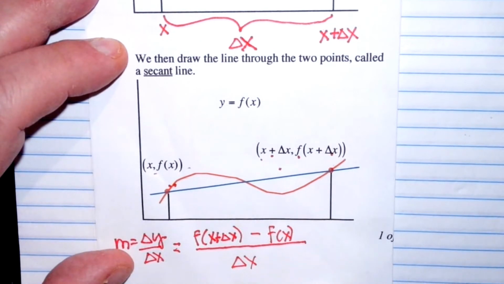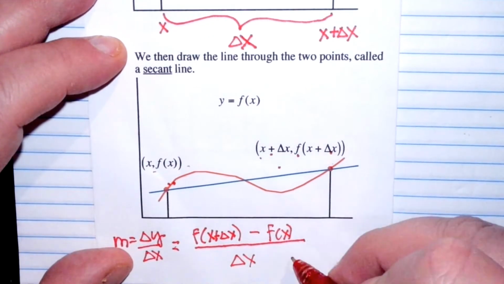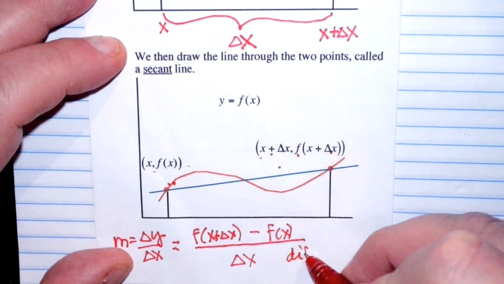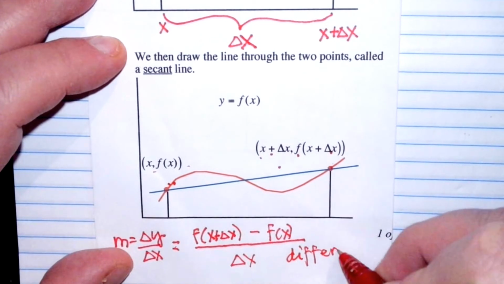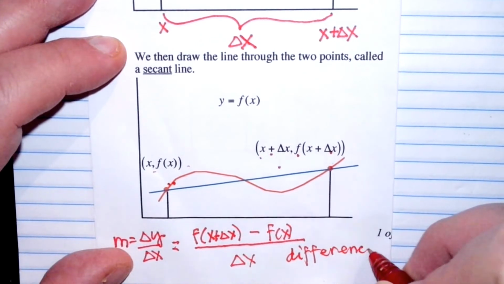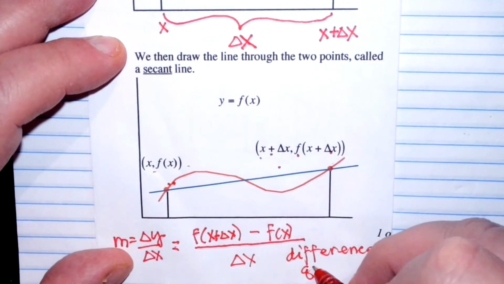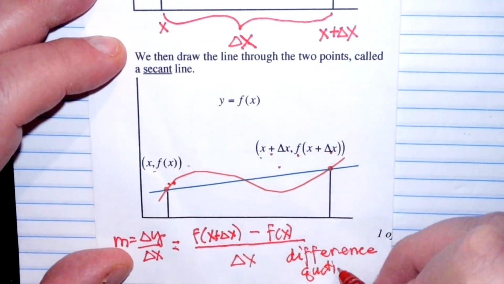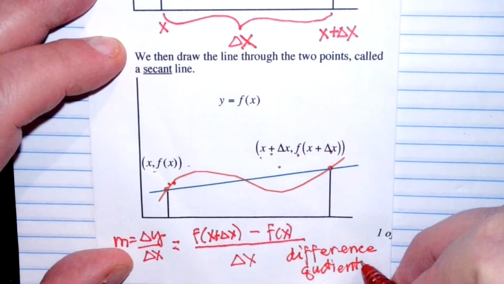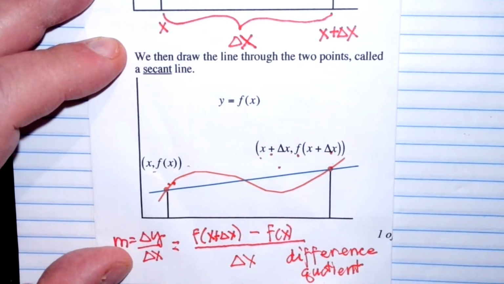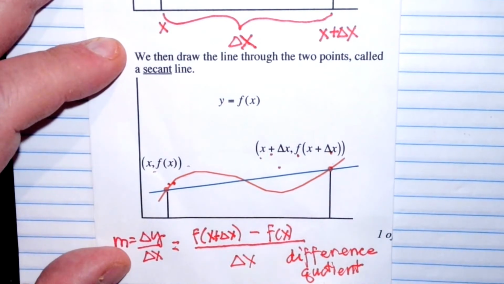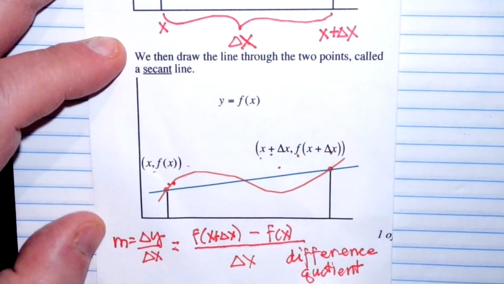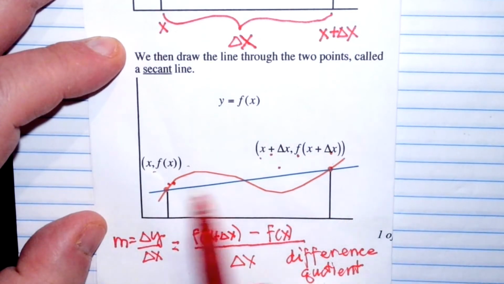And some of you may recognize this expression as the difference quotient. If you take a course called pre-calculus, you frequently deal with difference quotients. And so this is the slope of that secant line.